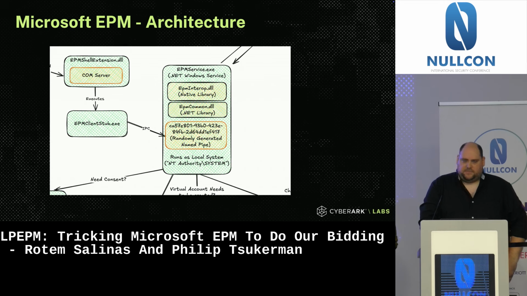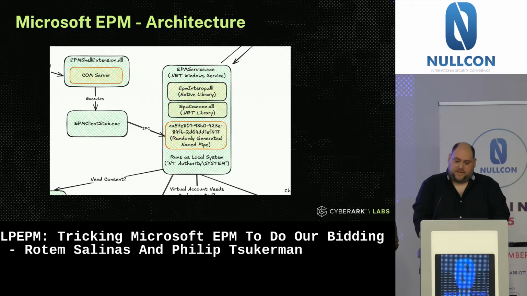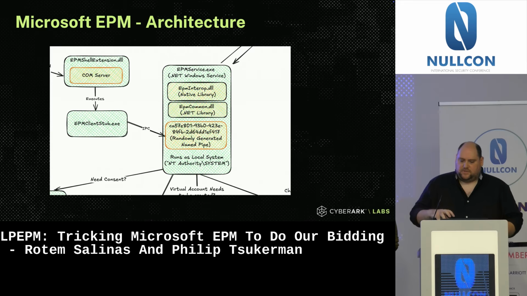Then we have the EPM service, which is also a .NET executable binary. It's the system's main component that mainly handles IPC requests, both creating and listening on the named pipe, and handles the elevation of the program, and it also handles the sync operation from the server.